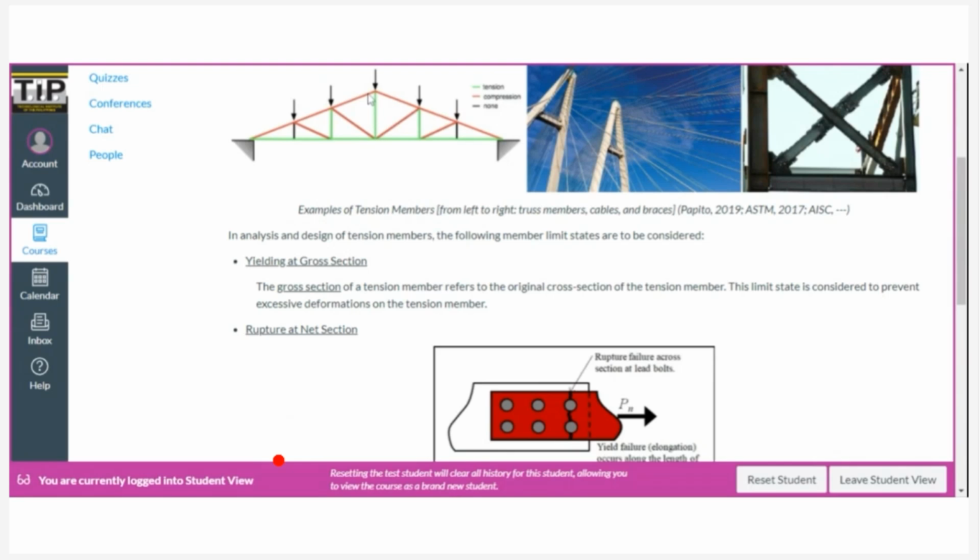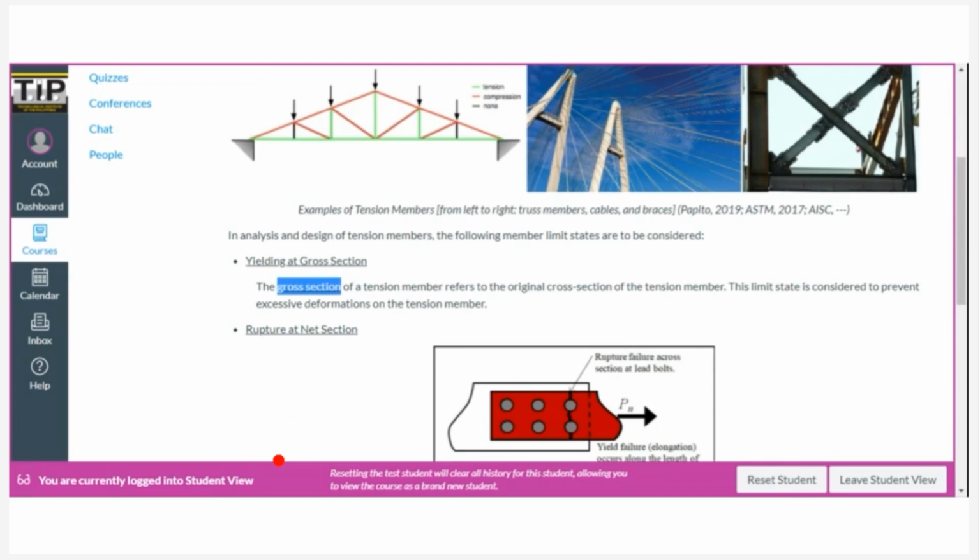So usually the connections are located at the ends of the member, right? So the cross sectional area here is at the part between the two connections. We call it the cross section. So the cross section is the original cross section of the tension member.